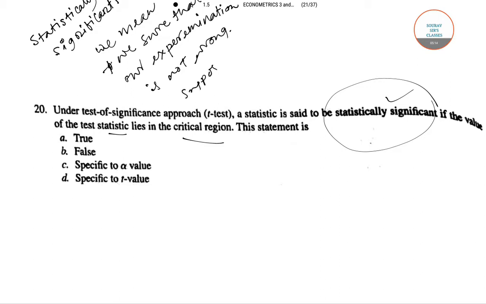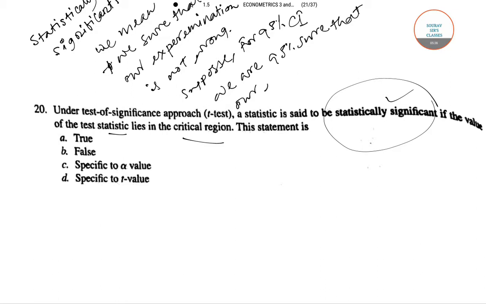Suppose for a 95% confidence interval, we are 95% sure that our experiment is not caused by something random.